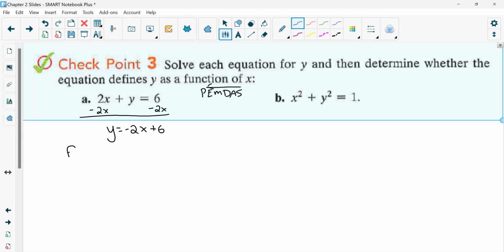So this is a function, because no matter what you plug in for x, you get one y value out.